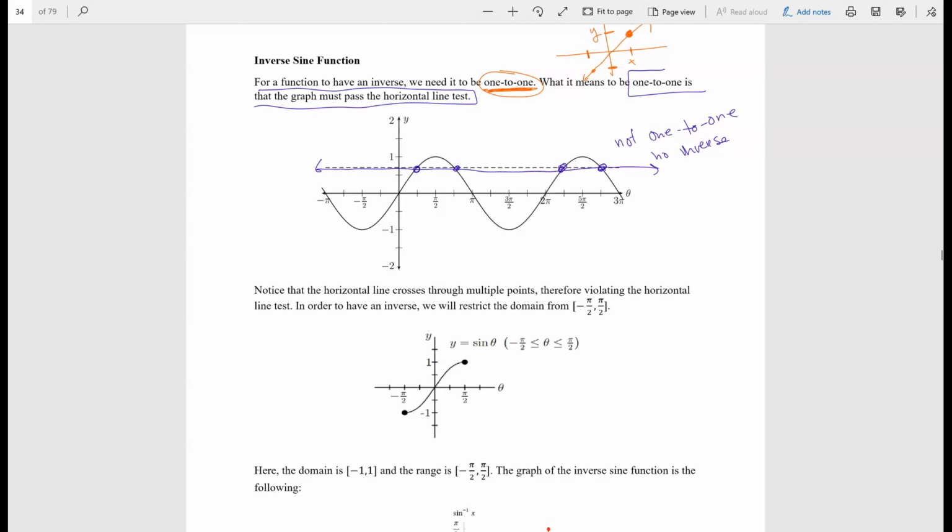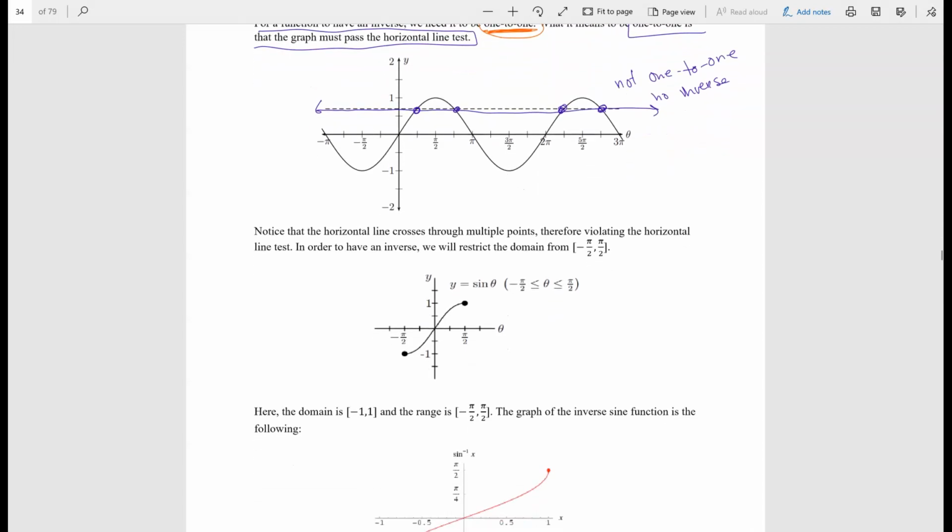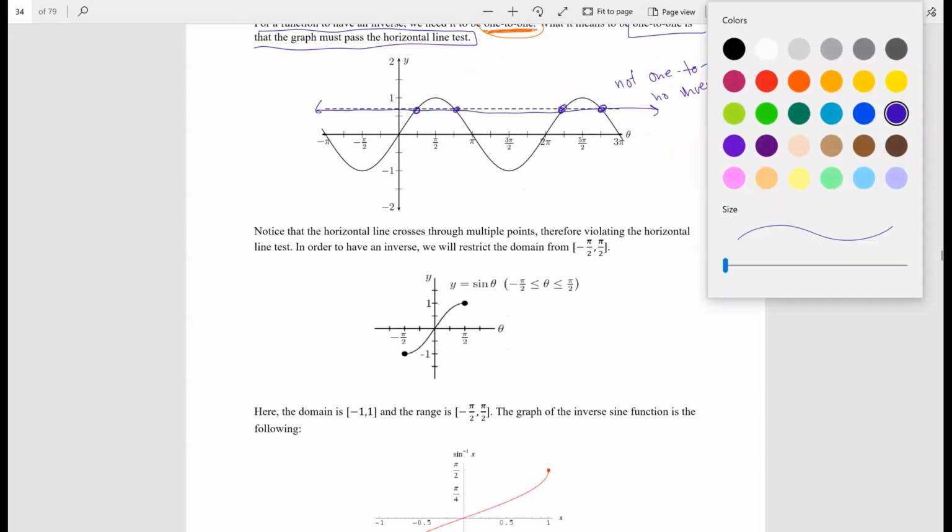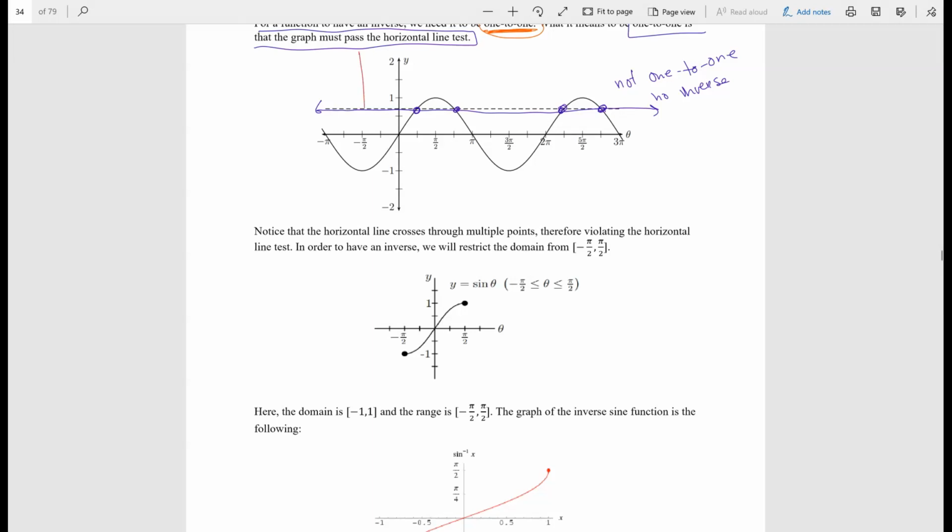So instead, because this is violating it, we are going to take a small piece of the graph, maybe this guy. You can see that this red curve now satisfies the horizontal line test because it's only going to touch the graph once. Everything on the outside I'm ignoring; I'm only looking at the red graph.